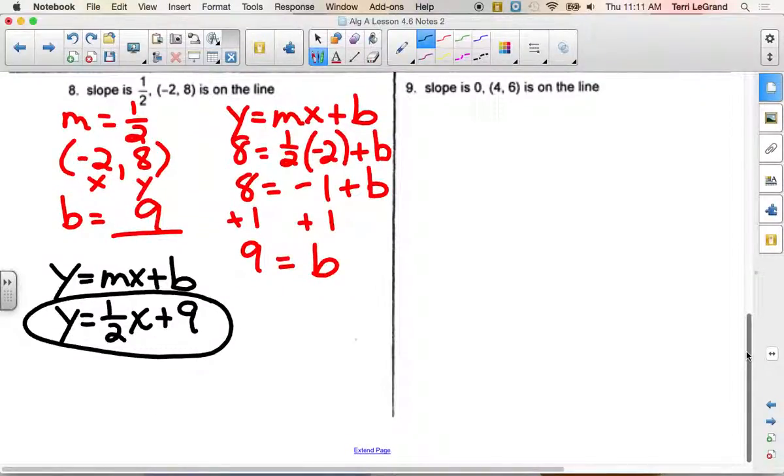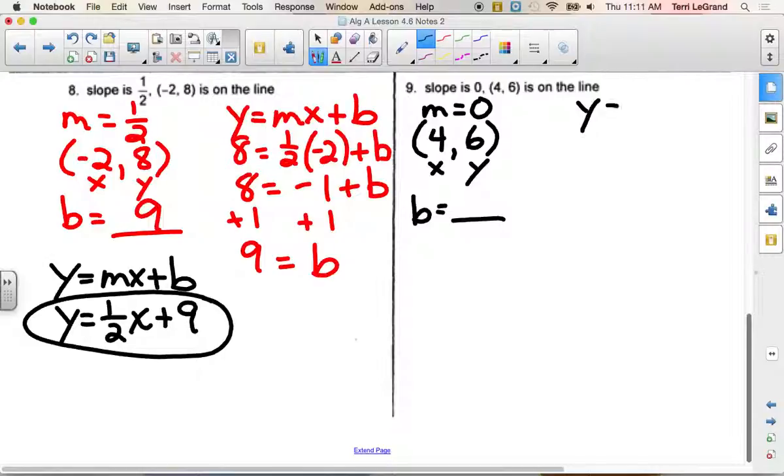Our slope is 0, so m equals 0. Is our point the y-intercept? No, so we got an x and a y value to use. We're looking for b. Be able to substitute in.